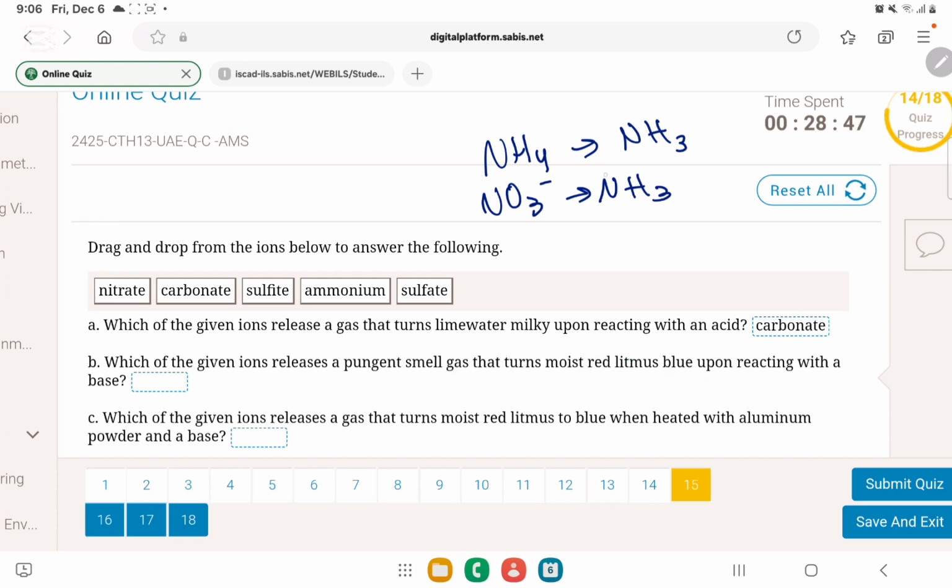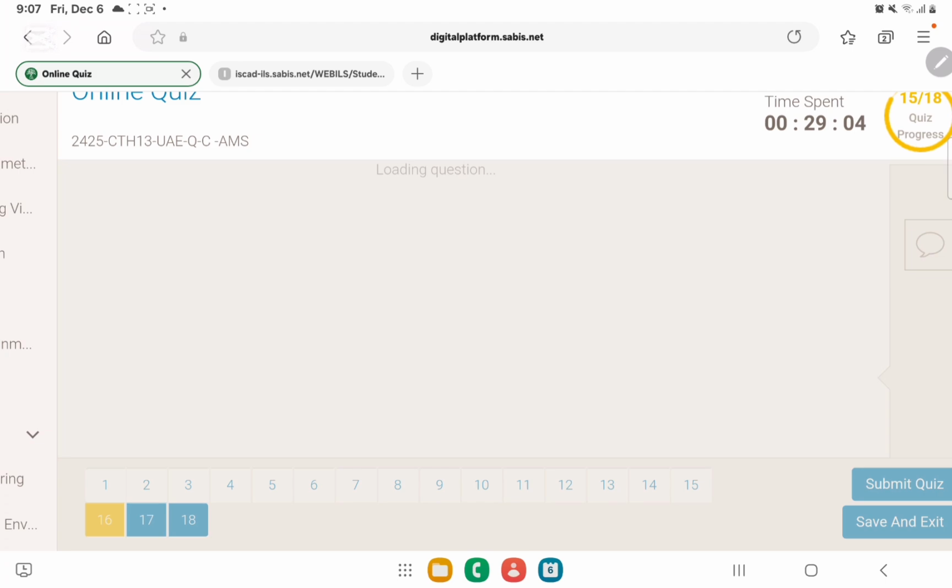But the difference is that here we add Al, which is aluminium powder, which is the catalyst. So that's the main difference between them. Here, since you didn't add aluminium powder, it's going to be ammonium, and here, since you added aluminium powder, it's going to be nitrate.